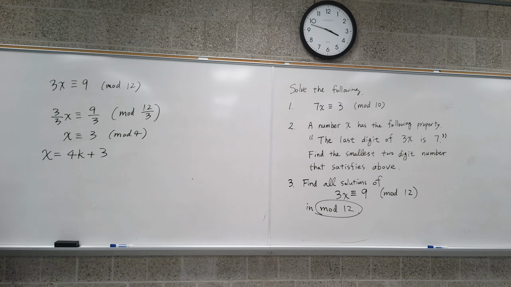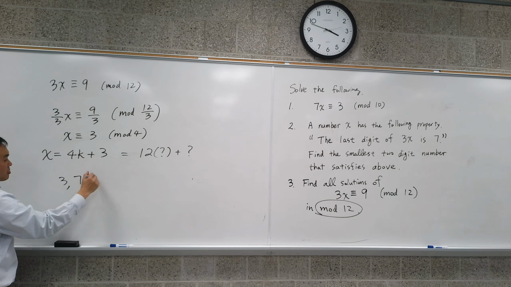So if k is 0, you get 3. And then k is 1, 4 plus 3 is 7. If k is 2, 2 times 4 is 8, 8 plus 3 is 11. And it's moving up by 4, right? So the next number is 15. And then 19, add 4 to 19, you get 23.